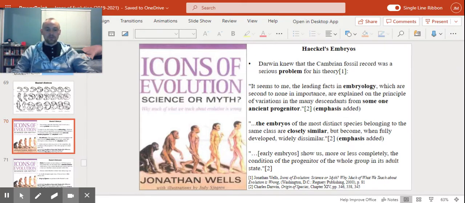Darwin wrote in Origin of Species, it seems to me the leading facts in embryology, study of creatures in their embryonic state, the leading facts in embryology, which are second to none in importance, are explained on the principles of variations in the many descendants from some one ancient progenitor.